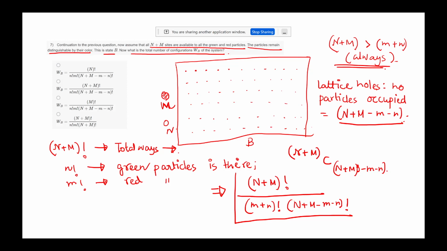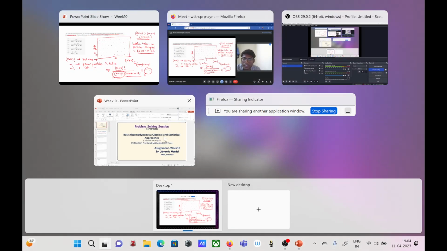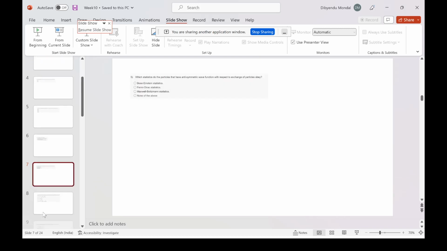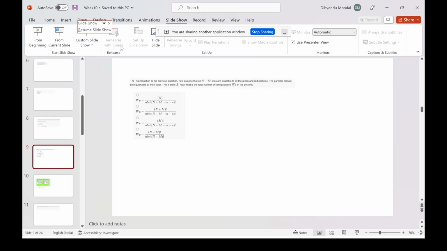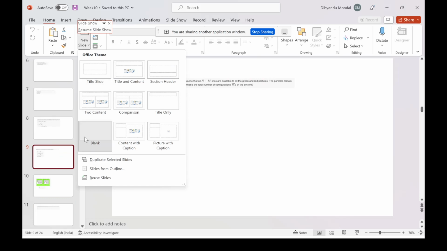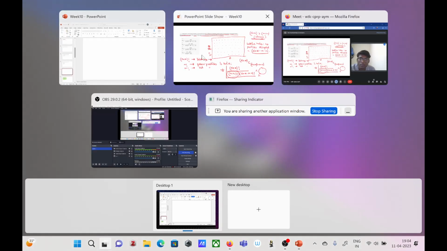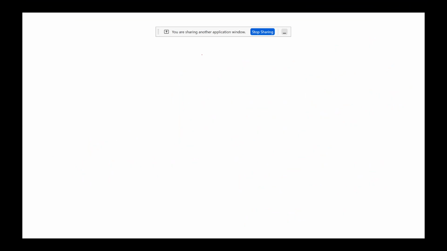But here they are distinguishable by their color. So more microstates will be added due to the distinguishability. Let me quickly add one slide and go back to the problems.